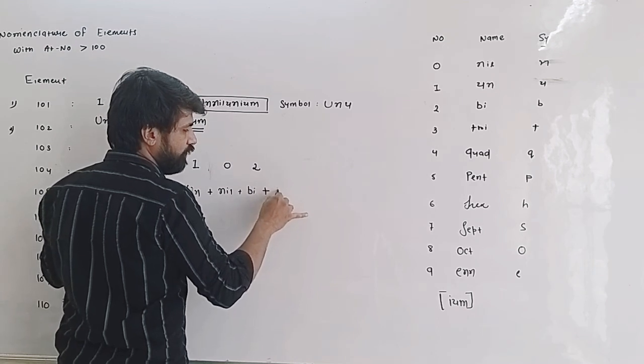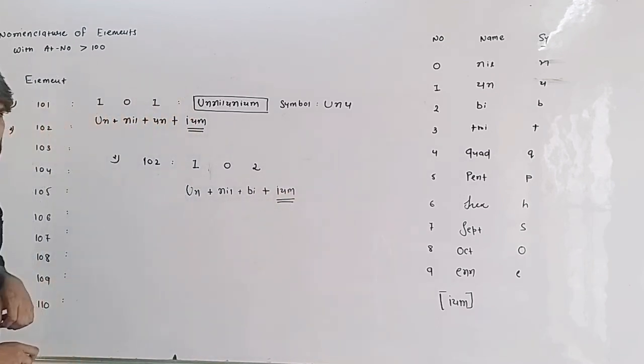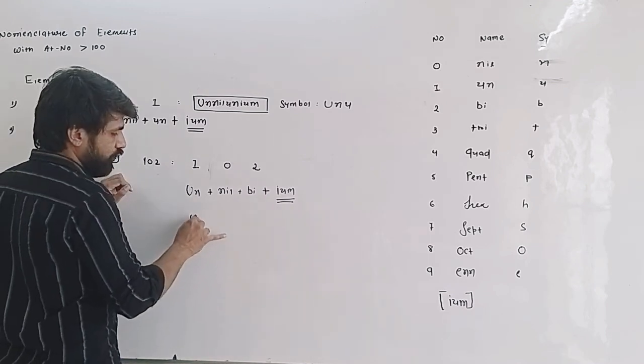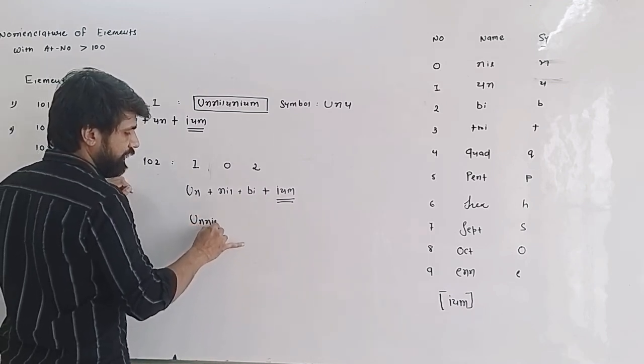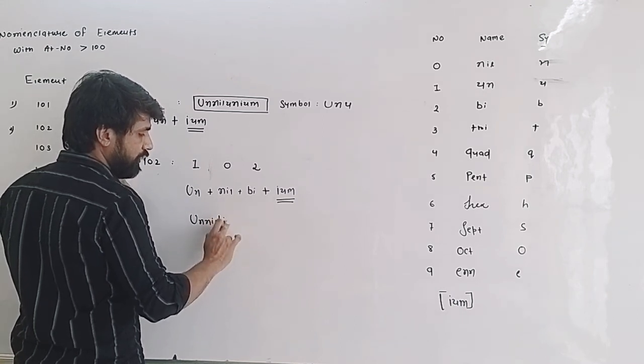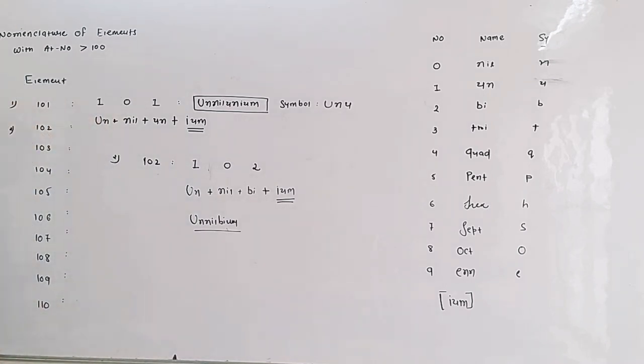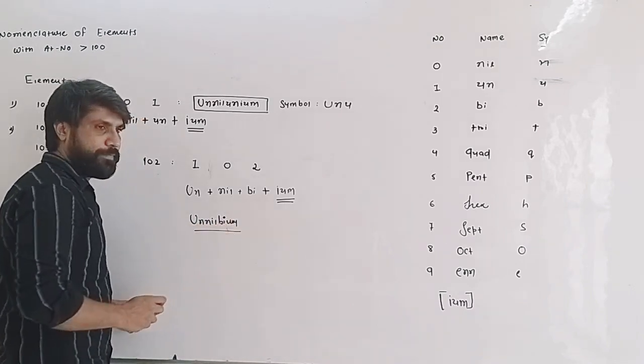Plus, what is present over there? ium is over there. So what is the name? Un, nil, bi, ium. Is it clear? Bi, ium. You have to use it like that because bi is already there, so it is b-i-ium. Understood?